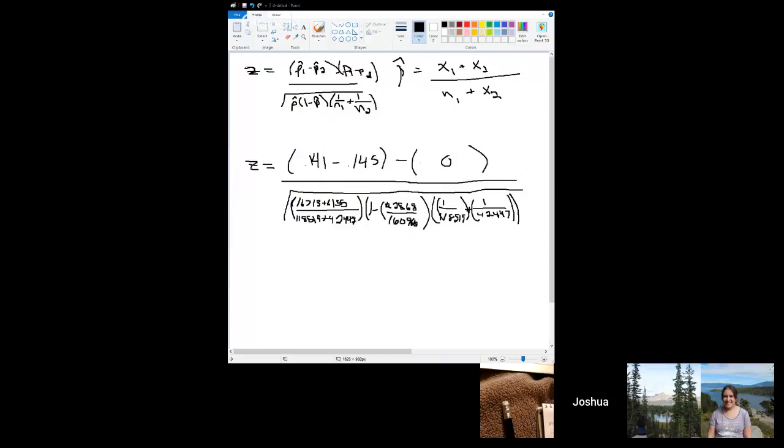Wait, what's number 16, Amber? Negative 2.020. Oh, right, okay. You're confusing me for a minute.